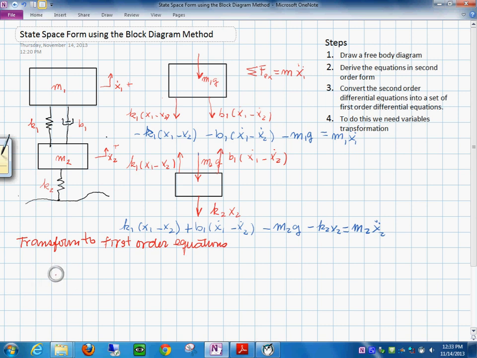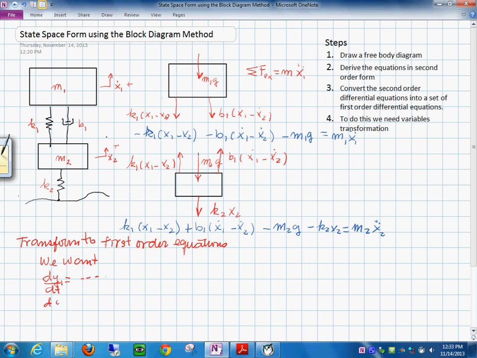What we need is a coordinate transformation. Ultimately, we want that dy1 dt equals something.